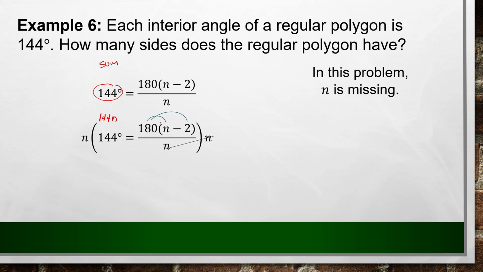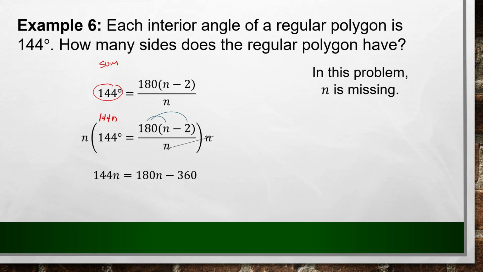And the third thing is to distribute 180 to n and minus 2. So 180 times n, and then 180 times negative 2. So 144n equals 180n minus 360.